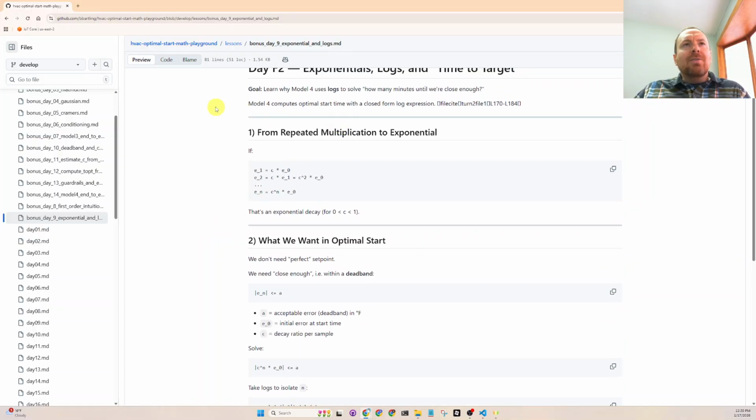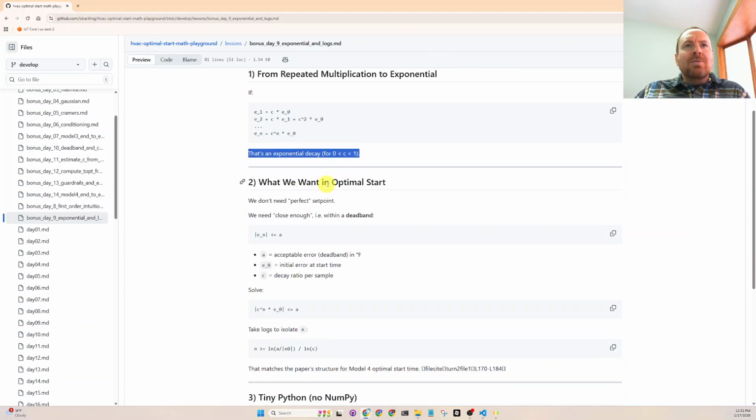Okay, so here we go, Model 4. Model 4 computes the optimal start time with a closed form log expression, going from repeated multiplication to exponential. We were looking at decay rates earlier. So what if we want an optimal start? We don't need perfect set point.